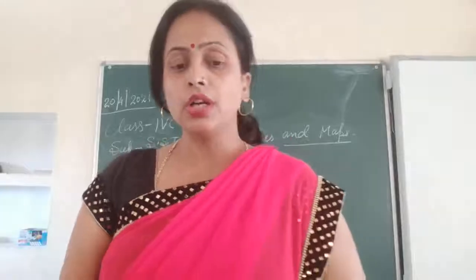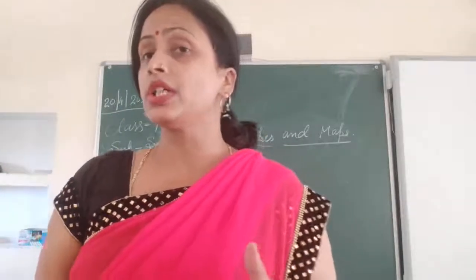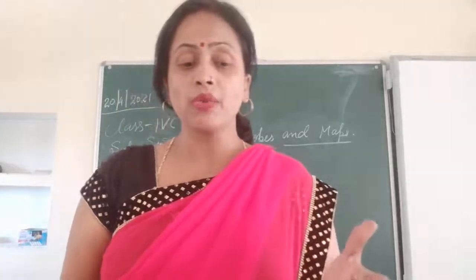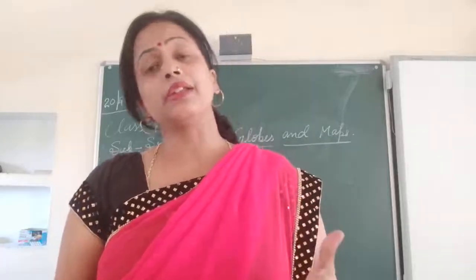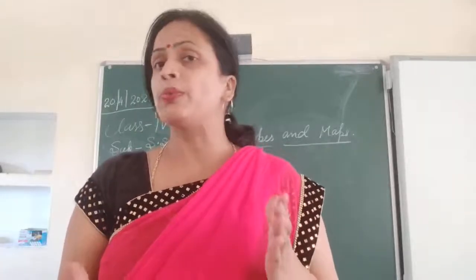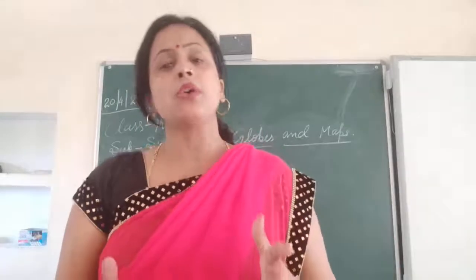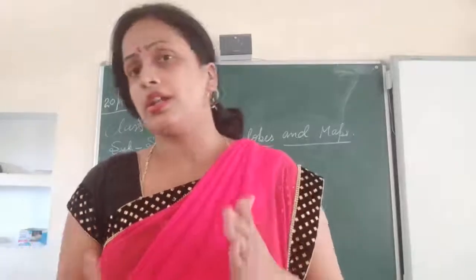Therefore, to study the earth, we use a globe, which is a small model of the earth. So that we can learn about the continents and the oceans, because it represents the earth.